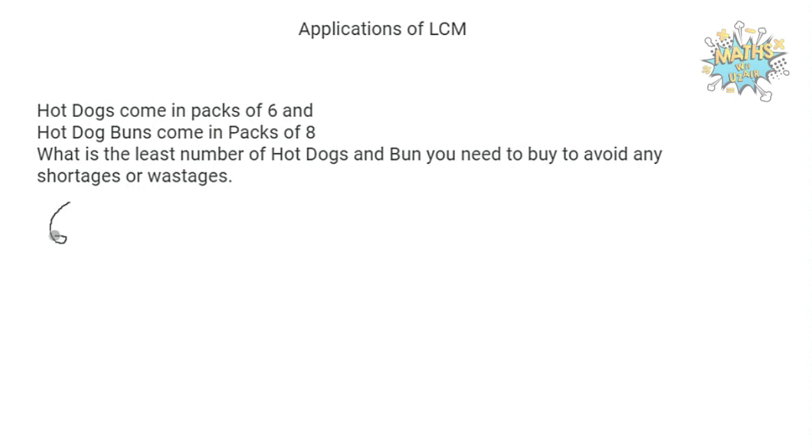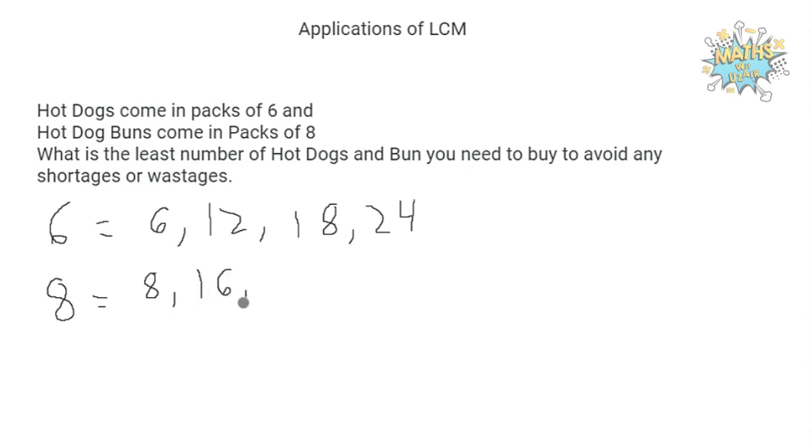So I look at 6 and I look at 8. Now I'm going to look at the LCM of these two, right? 6 times 1 is 6, 6 times 2 is 12, 6 times 3 is 18, and 6 times 4 is 24. Similarly, 8 times 1 is 8, 8 times 2 is 16, 8 times 3 is 24, and 8 times 4 is 32.